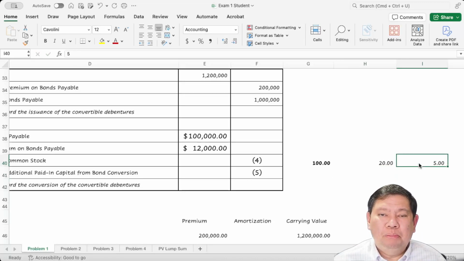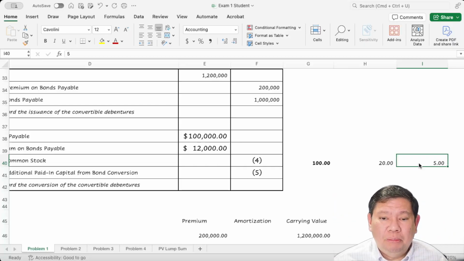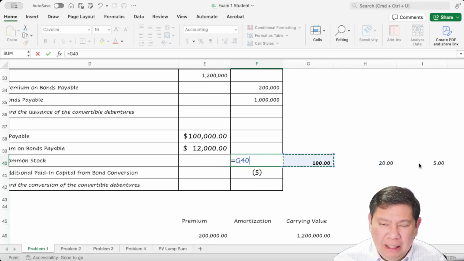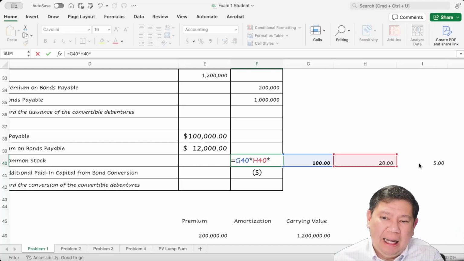So that's the common stock that will be issued with the conversion of 10% of the bondholders. So 100 of them times 20 common stock. This is after the stock split, so we use 20 and 5.